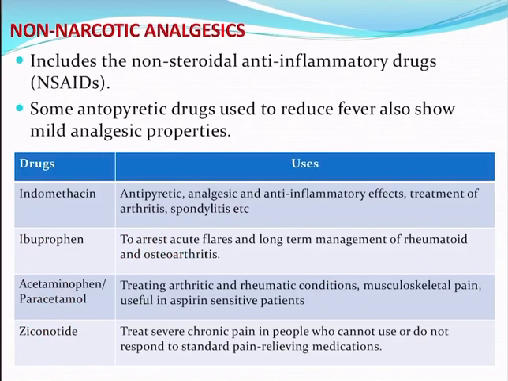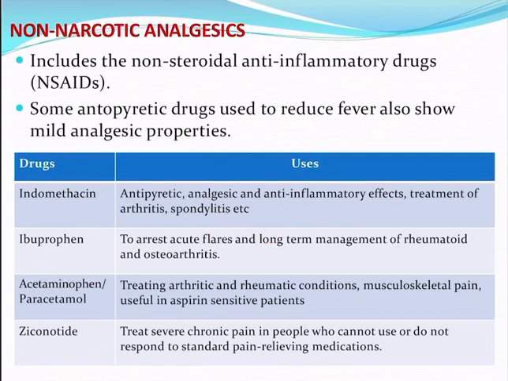So what are the examples? Indomethacin is an example of a non-narcotic drug. It is used for its antipyretic, analgesic and anti-inflammatory effects, and it is used in the treatment of arthritis and spondylitis, etc. And next is ibuprofen.